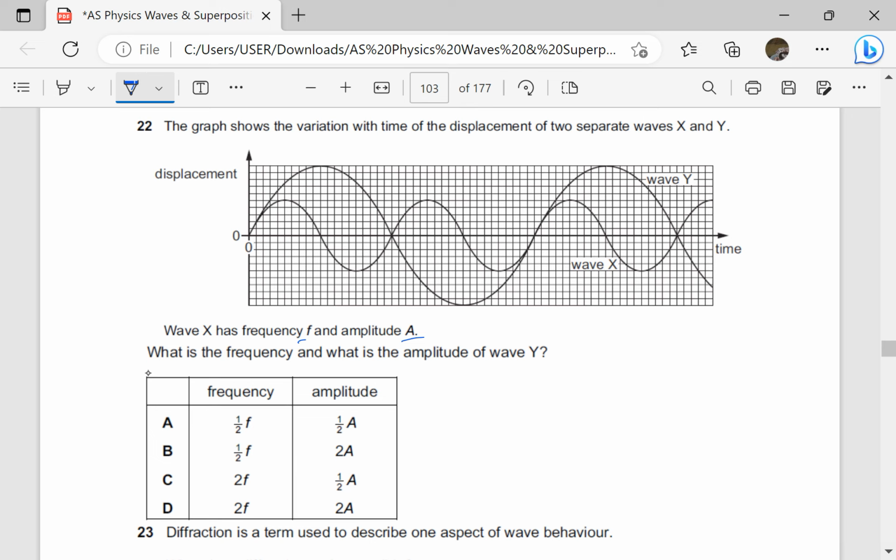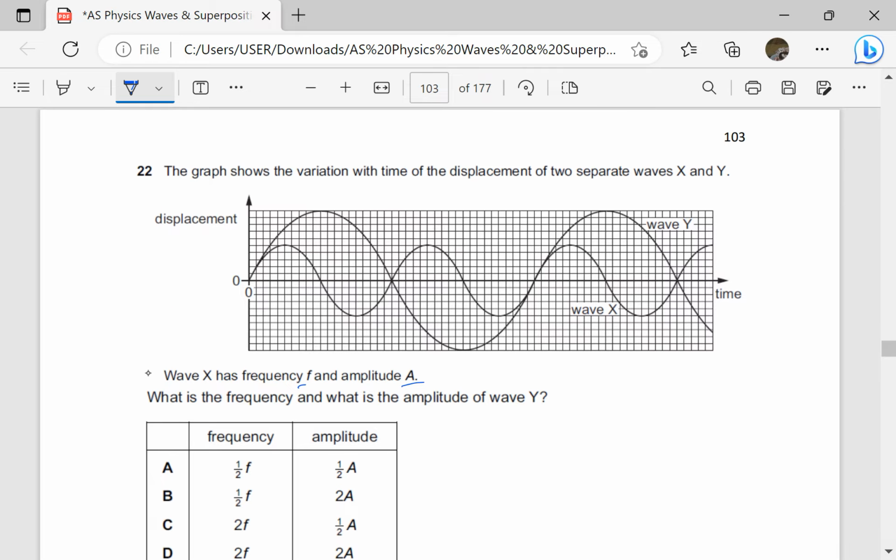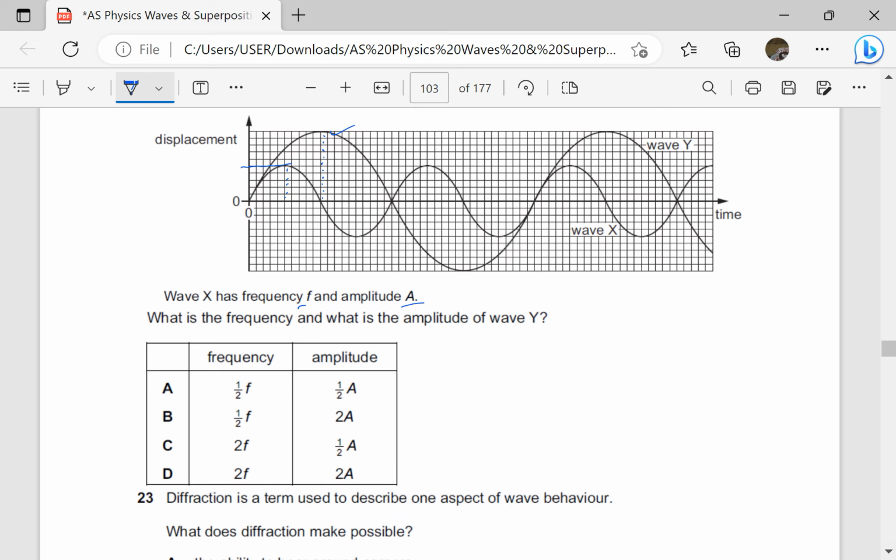So you notice that wave Y has a bigger amplitude, and if wave X has amplitude A, which is represented by 1, 2, 3, 4, 5 small squares, then amplitude B has 1, 2, 3, 4, 5, 6, 7, 8, 9, 10, which is twice. So it means the amplitude of Y is going to be twice. So we eliminate A and C.